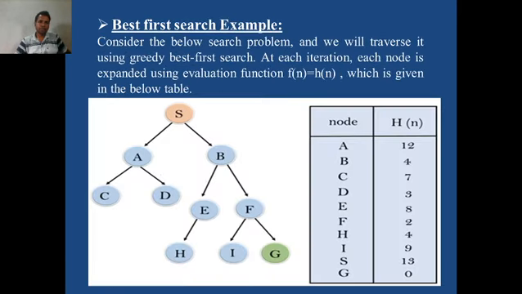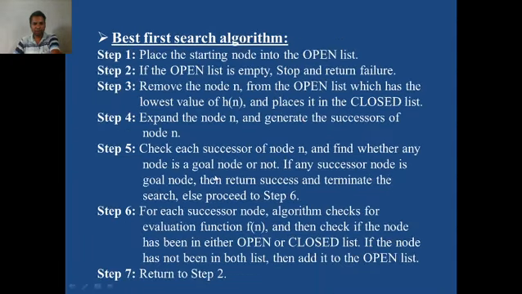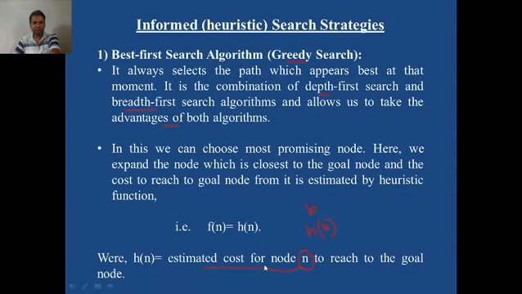For example, this is a search tree for a given problem. We will traverse this search tree using best first search algorithm or greedy algorithm. At each iteration, each node is expanded using evaluation function f of n equal to h of n. Evaluation function is equal to heuristic cost. Heuristic cost is what? It is the estimated cost for node n to reach the goal node, okay.